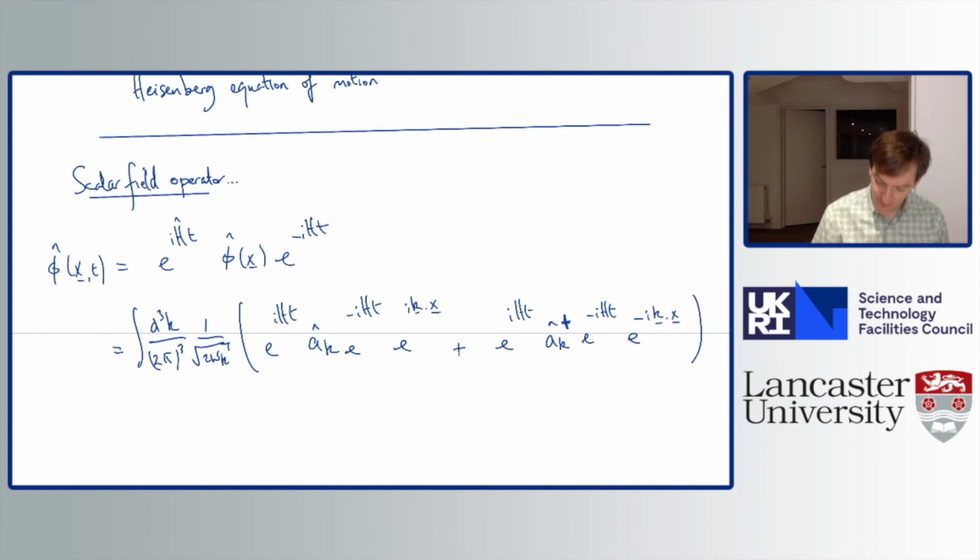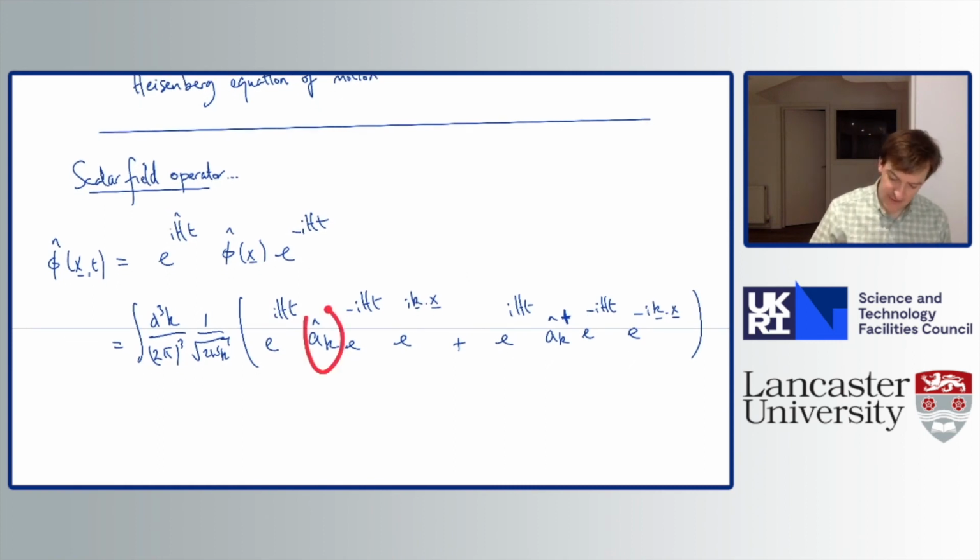Okay, so previously these were operators that didn't depend on time. These were Schrödinger operators, so we can now define the Heisenberg operator. So this has an e to the iHt, a_k, e to the minus iHt.